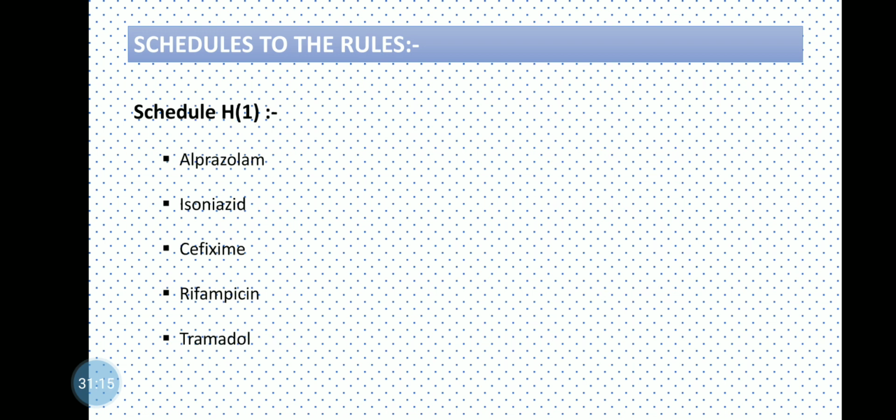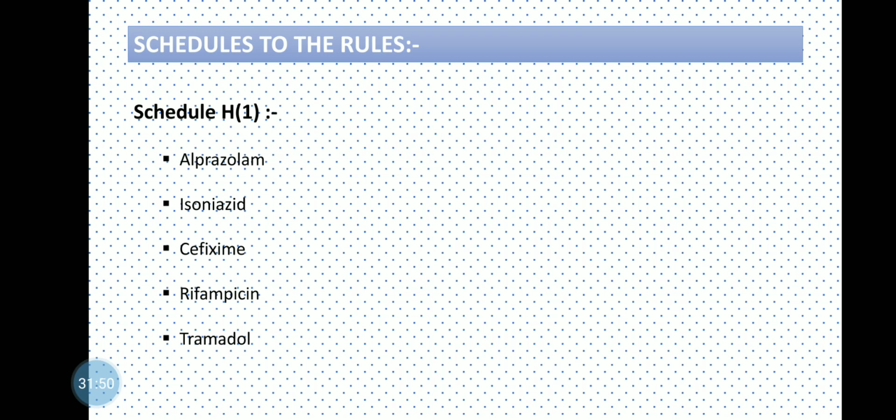Then next, that is your Schedule H1. Schedule H1 drugs are also prescription drugs, like alprazolam, isoniazid, cefixime, rifampicin, tramadol, chlordiazepoxide, etc. These are also known as prescription drugs, which are to be sold by a retailer, that is, by a druggist and chemist, or by a registered pharmacist, only on the prescription of a registered medical practitioner.